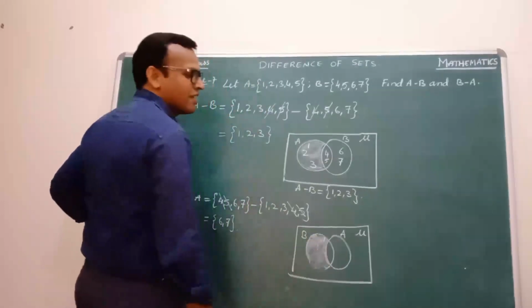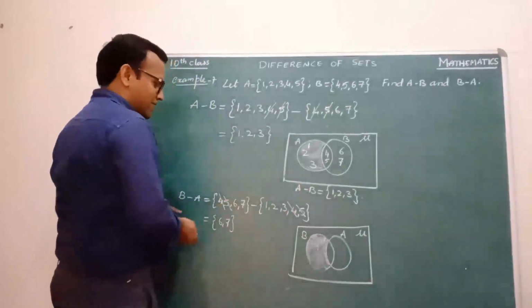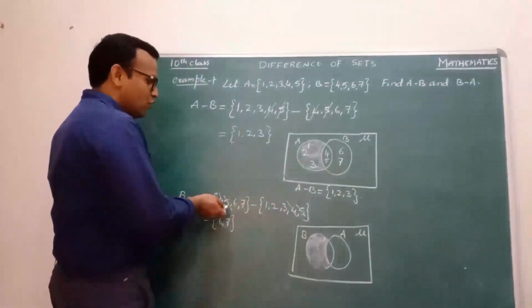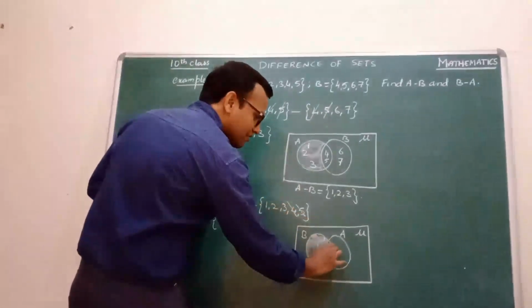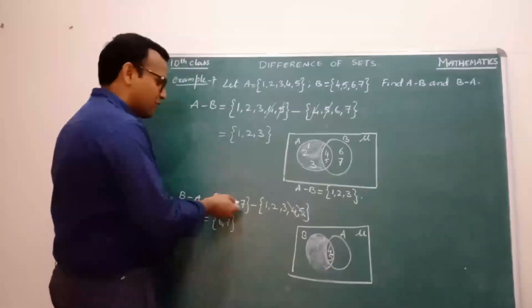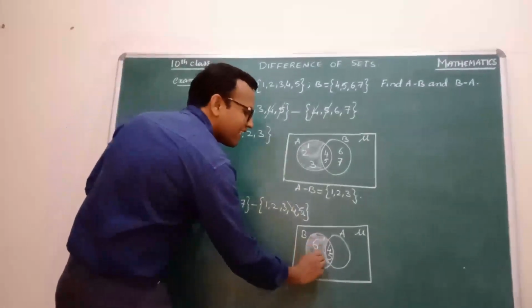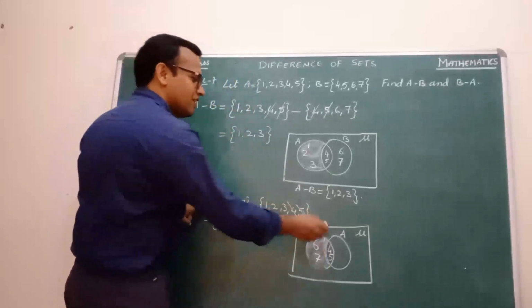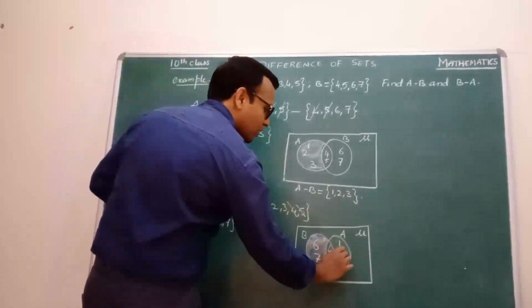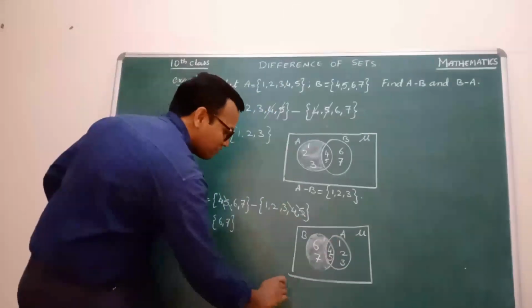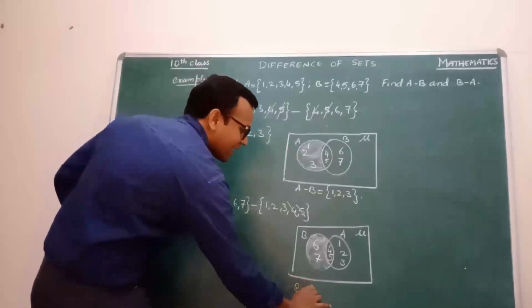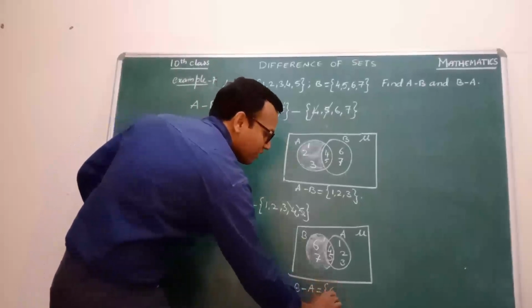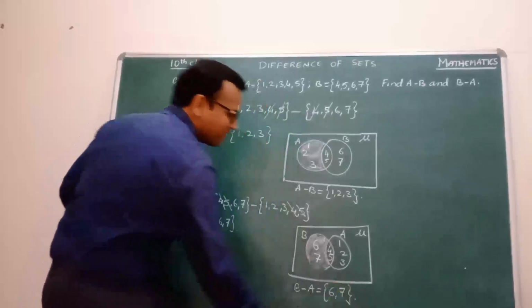Now, what elements are present? Let's see here. In B, 4 and 5 are common elements. Other than 4, 5, 6 and 7 are present here. And in this area, 1, 2, 3. Right. Now, B minus A is nothing but the set of 6, 7.